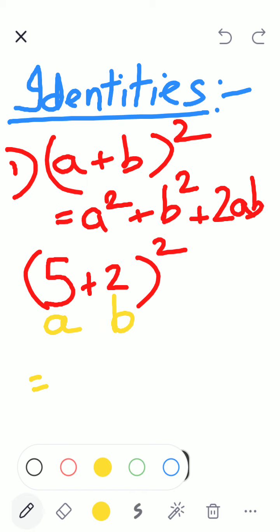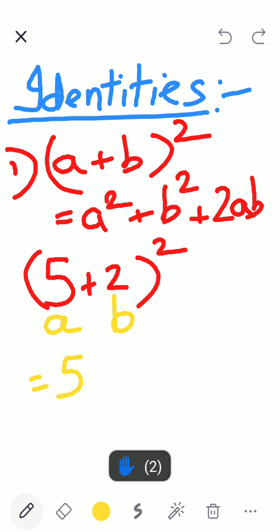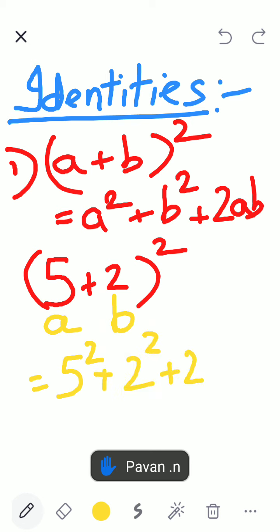Instead of A, I write 5 square plus 2AB. 2AB means 2 multiplied by 5 multiplied by 2. What is 5 square? 5 multiplied by 5. 5 square means 25. And what is 2 square?